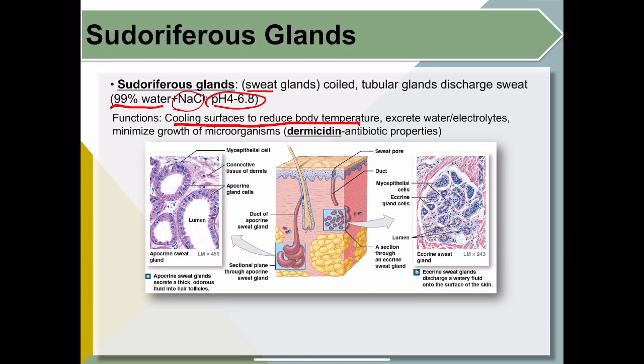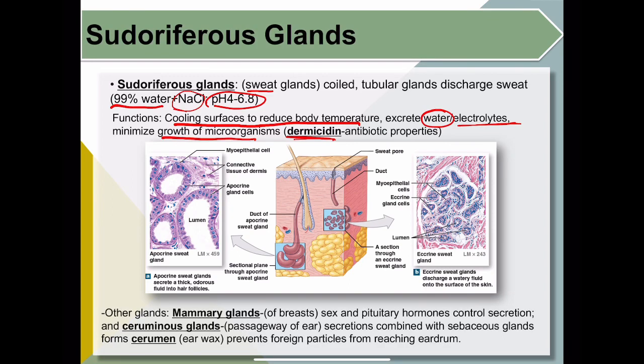It also acts as a way to excrete water if necessary, and also any electrolytes that are coming out. And I already talked about minimizing growth of microorganisms, because not only is the acidic property part of it, but sweat actually contains something called dermcidin. Okay, dermcidin has some antibiotic properties that can kill some basic bacteria.